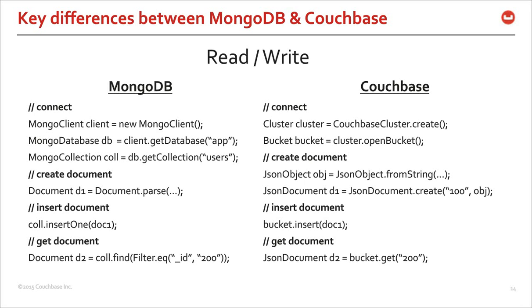If there's any slight difference here, it's that Couchbase, in addition to having a query API, also has a key value API. So if we just want to get a document by an ID, it is as simple as get by that ID, as opposed to using a query and querying by that ID. So the net result is exactly the same, but there are a few subtle differences in how you go about doing it.